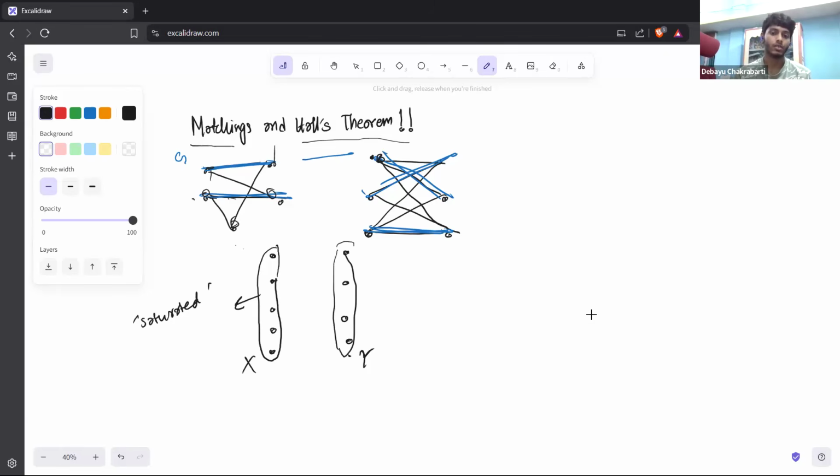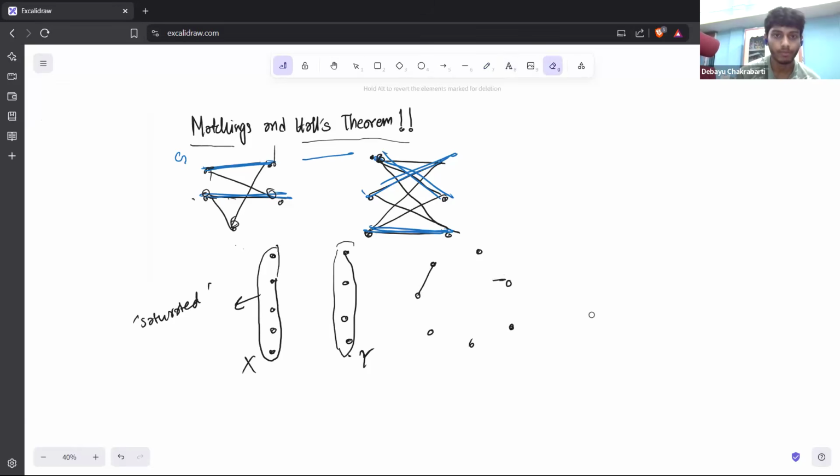Now let's look at a few graphs and try to find good matchings with lots of edges. How do you do this?